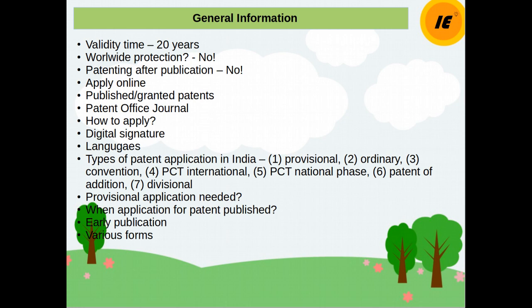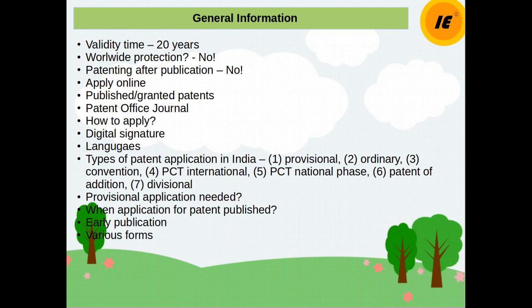So these are the cases where you file it but it's still not published after 18 months. First, an application in which secrecy direction is imposed. That means you may say that you don't want to disclose anything. Second, an application which has been abandoned, that is, when a provisional application has been filed and the complete application has not been filed within 12 months from the filing of the provisional application.